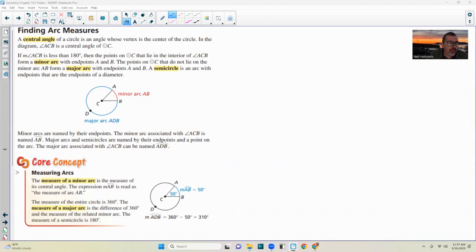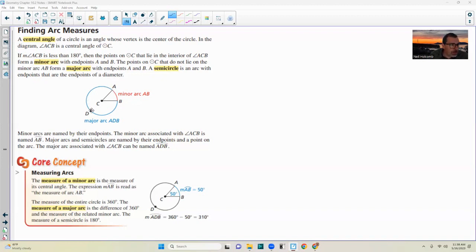In the diagram here, angle ACB is a central angle of circle C. If the measure of angle ACB is less than 180 degrees, the points on circle C that lie in the interior of angle ACB form a minor arc with endpoints A and B. The points on circle C that do not lie on the minor arc AB form a major arc with endpoints A and B. A semicircle is an arc with endpoints that are the endpoints of a diameter.